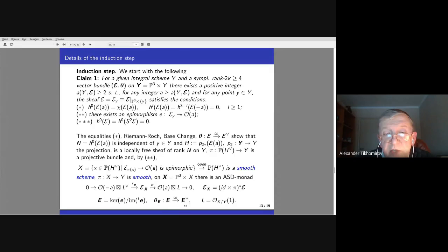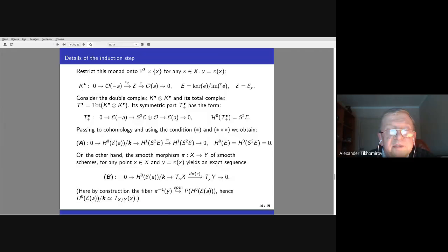So we have a symplectic structure, which I denote by bold theta E. So this is the way how this X is obtained from Y. And this is the step. If Y is Y_{A,K} with given K, then X will be Y_{A,K+1}. So this is the step of our construction of schemes Y_{A,K}.